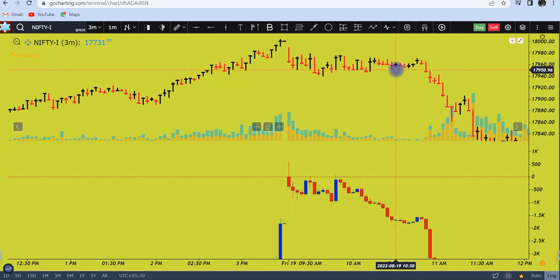So I will just explain how a delta divergence can also be used to spot a reversal, like many would like. Why I am saying you have to be careful is that this is not moving.